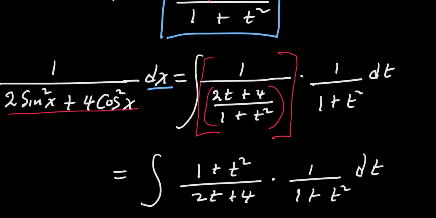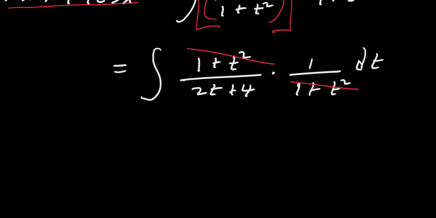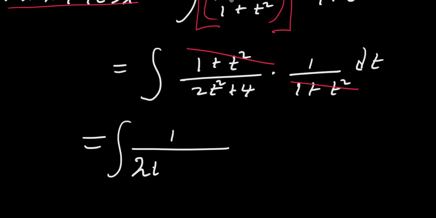So now 1 plus t squared can simply cancel, and this will be equal to the integral of 1 over 2t squared plus 4 dt.